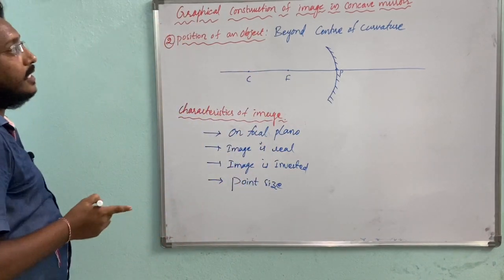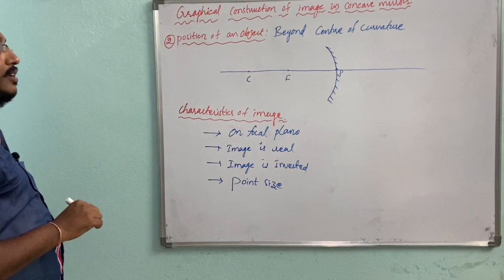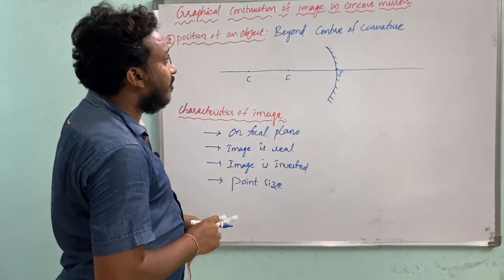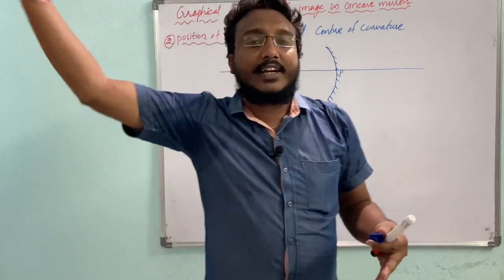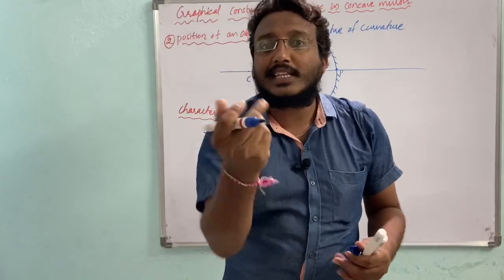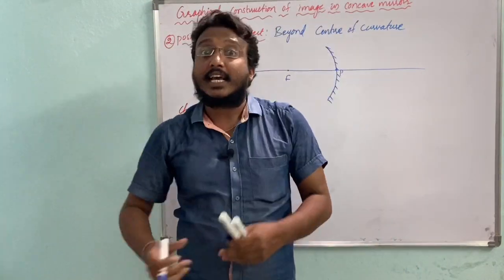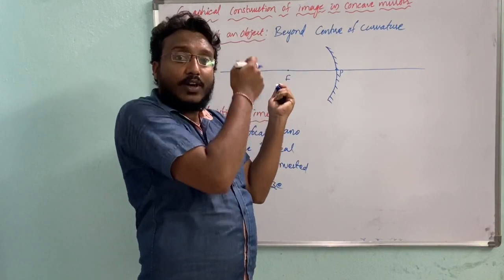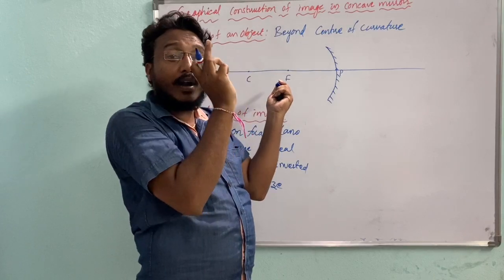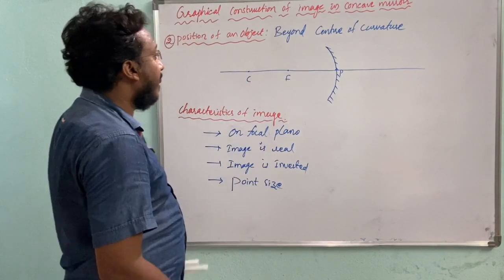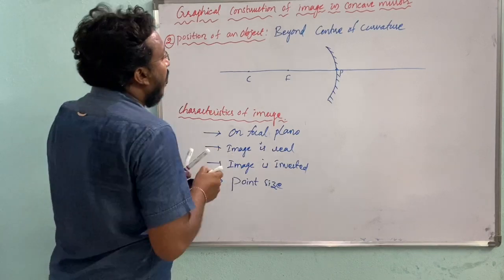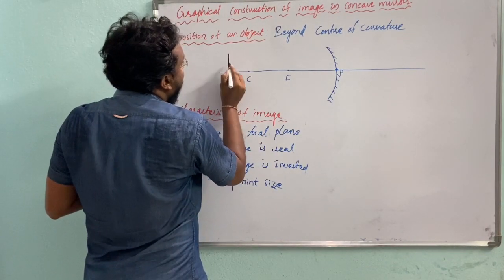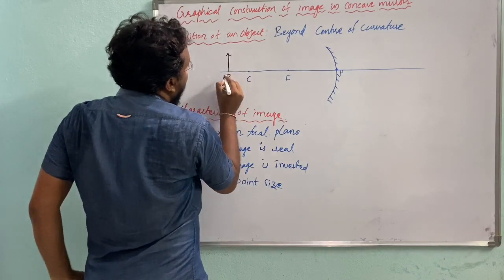Our object is beyond the center of curvature, but it is not at infinity. An object at infinity is also called beyond the center of curvature, but in this case the object is behind the center of curvature, but not at infinity. So here I am going to take the object here. The arrow mark indicates the object.